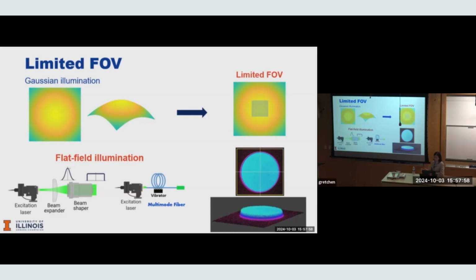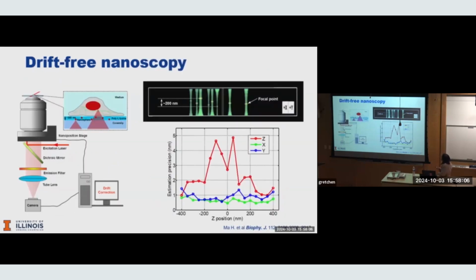And one of the most challenging parts of the instrument is the drift. You have to maintain nanometer stability throughout the entire process. In the early days, we used markers to correct for sample drift. Basically, we place a marker either on the cover slip surface or on the sample.